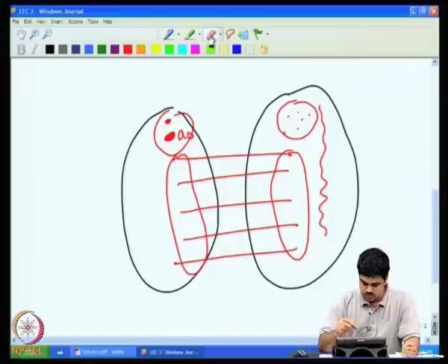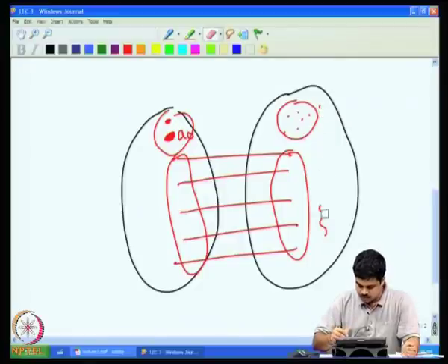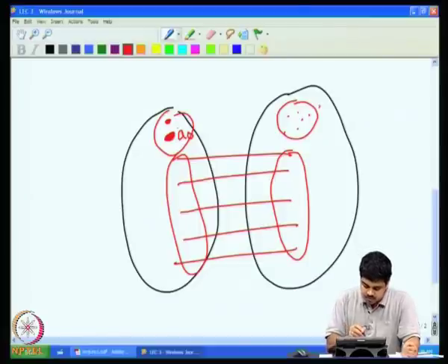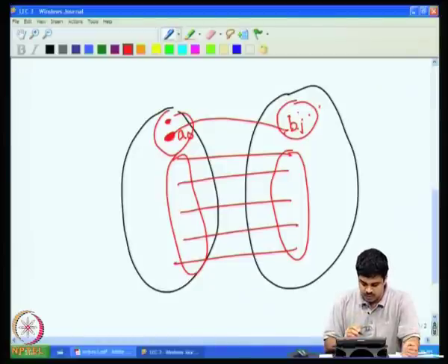I am searching for a vertex here which is a neighbor of A0, and the question first is, is it possible to pick up B1 here such that B1 is a neighbor of A0?